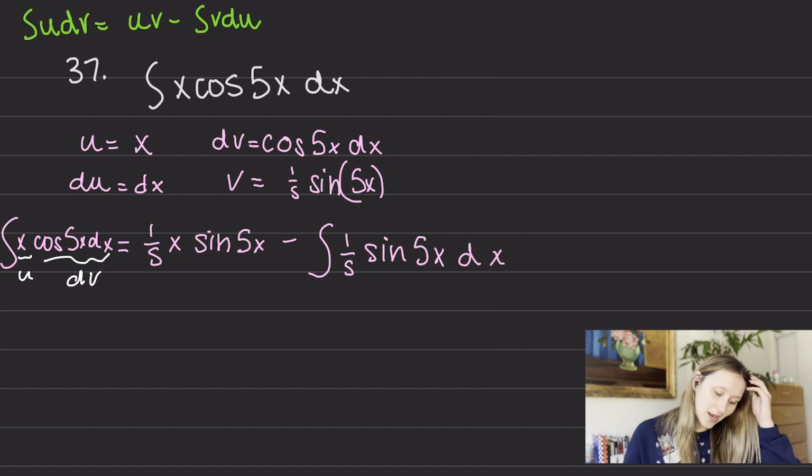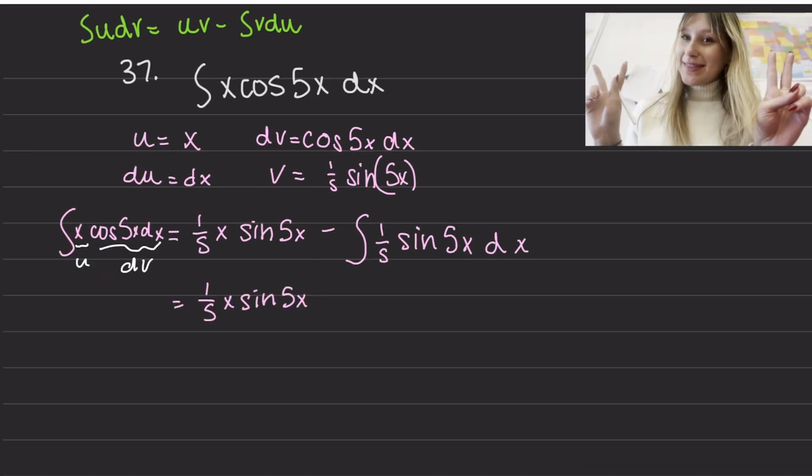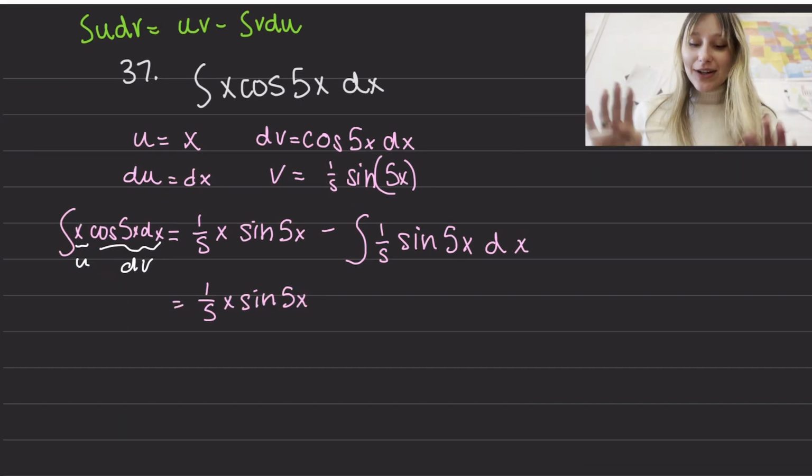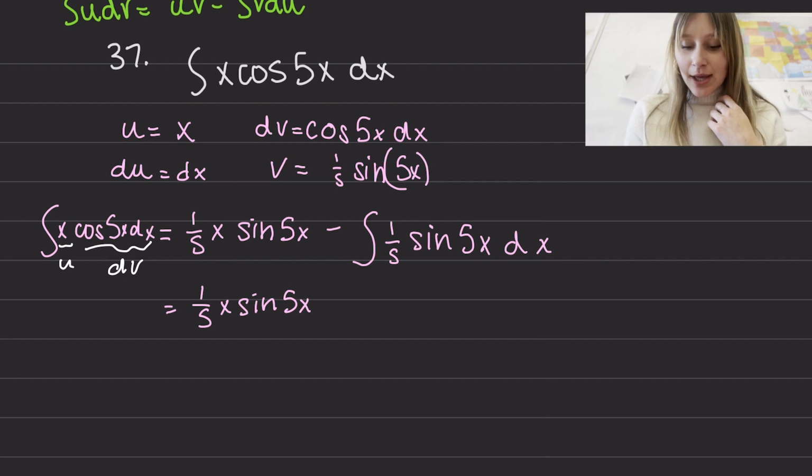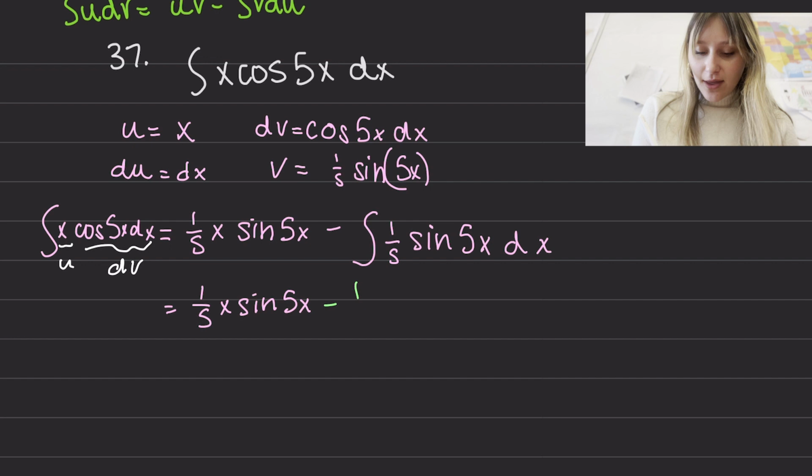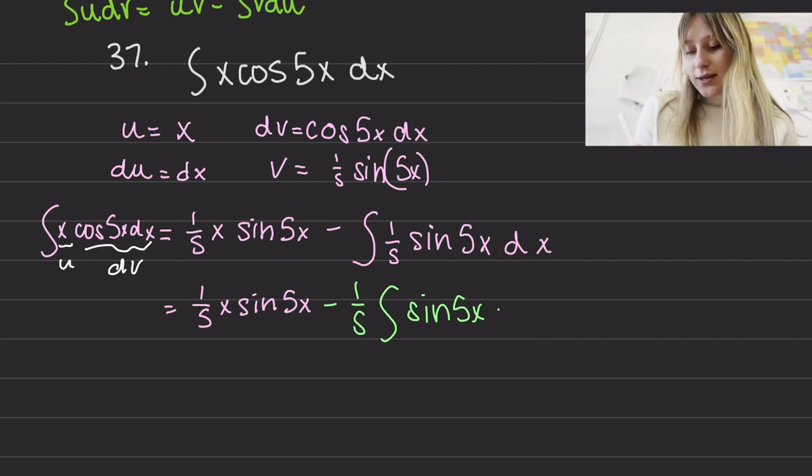Now, what is the integral of 1/5 sine 5x dx? Thanks so much for asking. The integral of this thing is going to be, let's just pull out the 1/5, and then we're doing the sine 5x dx.